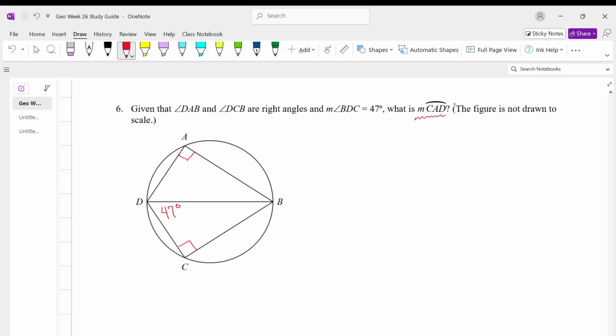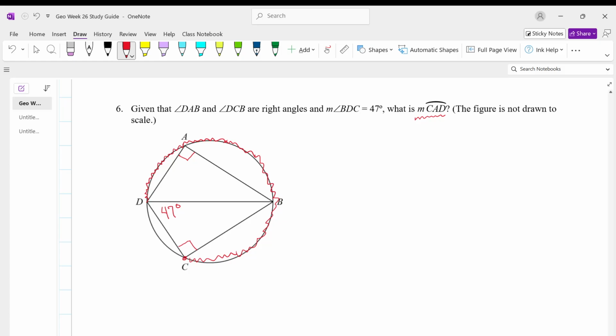I'm sorry, arc CAD. Well, arc CAD starts at C, goes all the way around this circle, and it ends at D. So if we started at C and we went completely around the circle to C again, it would be 360 degrees, wouldn't it?